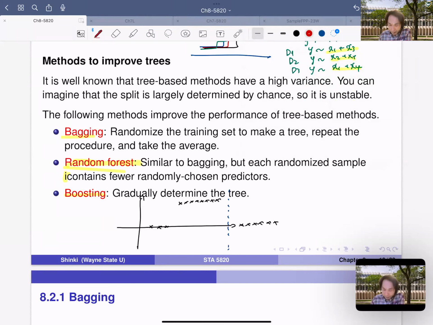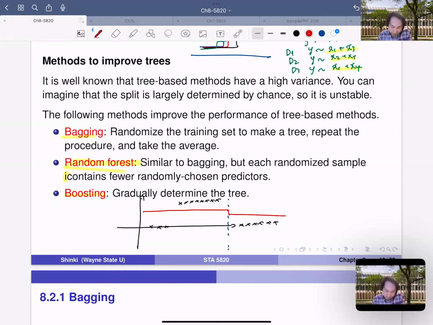So we don't fit this kind of curve. We don't fit this, but we just gradually fit the curve. So maybe we have this, right? Then after that, we randomize the training set, and we do this again and again. So we just gradually determine the tree.